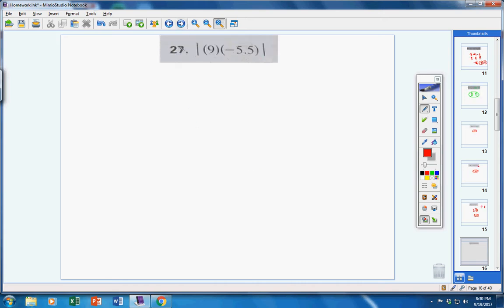Okay, moving on to number 27. Now be careful here, students. Always work down your absolute value until you have one number on the inside. Then we'll worry about the absolute values. So, inside my absolute values, I have a positive times a negative, that's negative, and I have 5.5 times 9, and I get 49.5.